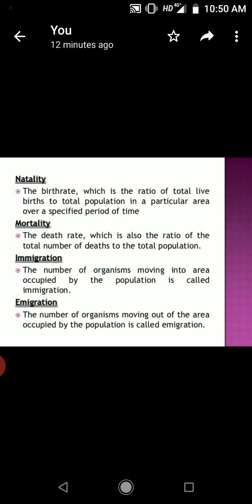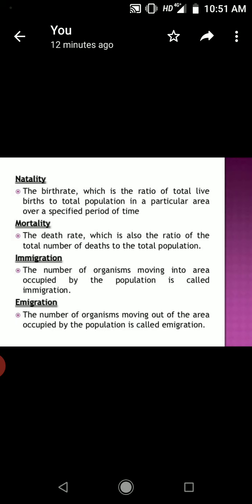Immigration means organisms entering from outside into the particular area that we take. When organisms come from outside, that is called immigration. Emigration means the opposite: the number of organisms moving out of the area occupied by the population.